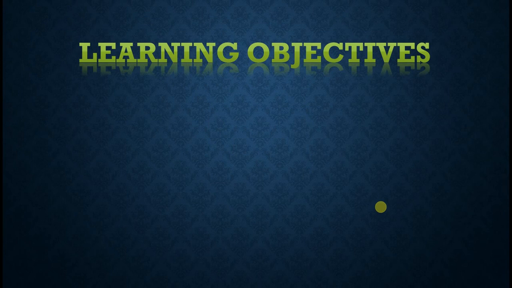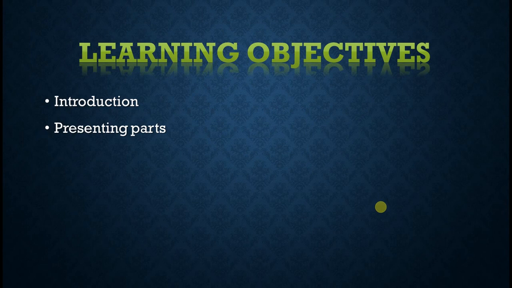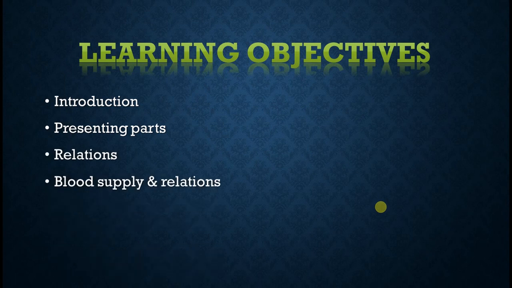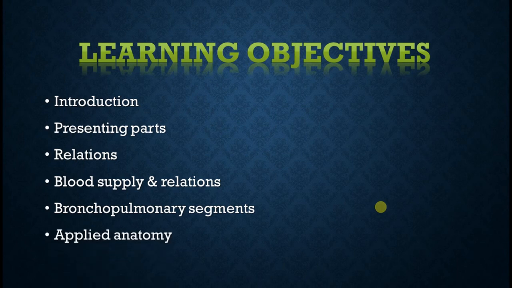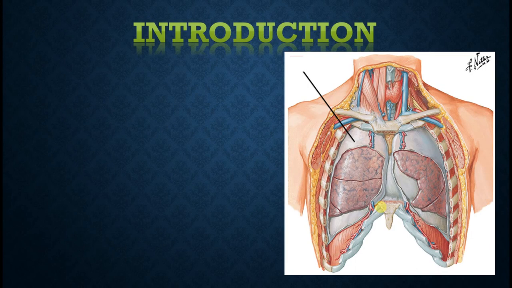Under the lungs I will be giving a short introduction regarding the basic functions of the lungs and how they appear, and then I will be discussing the various parts of the lungs, then its relations, borders and surfaces, followed by the blood supply, the nerve supply, and finally I will be touching upon the bronchopulmonary segments, and then as usual I will wind it up with the applied aspects.